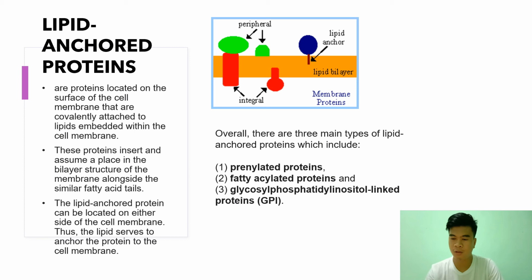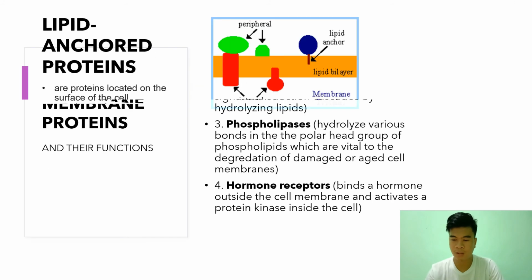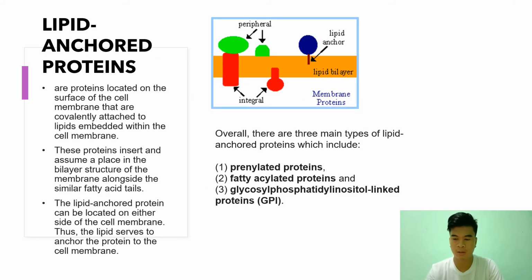Overall, there are three main types of lipid-anchored proteins, which includes number one, prenylated protein, number two, fatty acylated protein, and number three, the GPI. So, prenylated proteins are proteins with covalently attached hydrophobic isoprene polymers at cysteine residue of the protein.